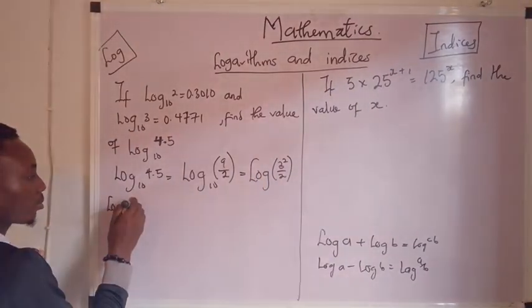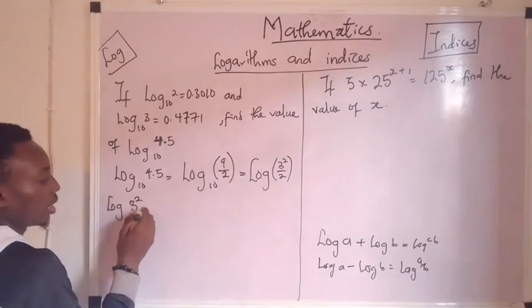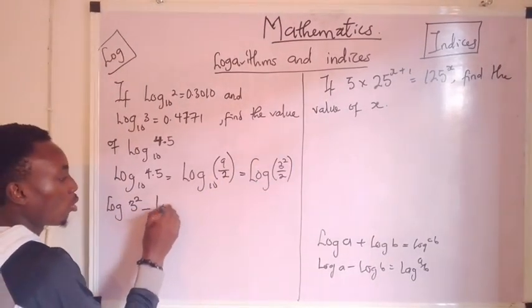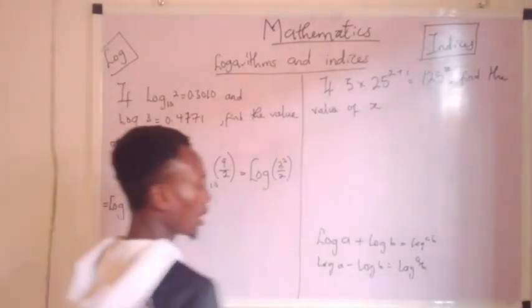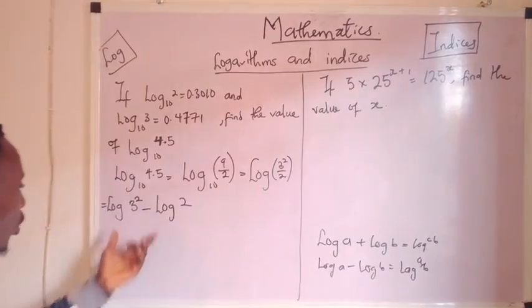You have log 3 squared over 2. You can say the same thing as log 3 squared minus log 2. If you take this in reverse, if you take it backwards, this is what you will get.